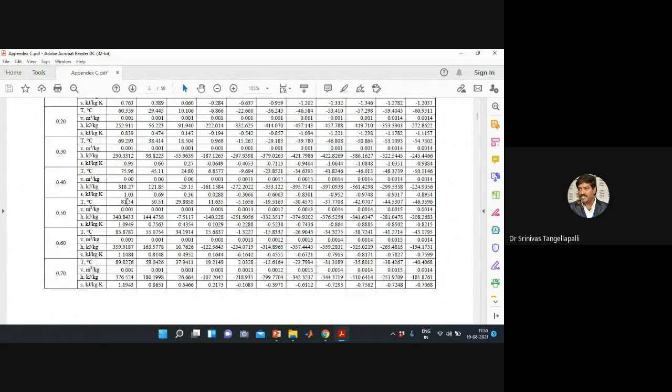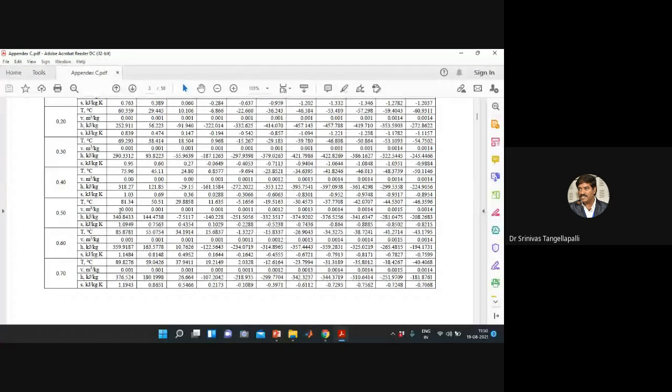This temperature is changing from X equal to 0 to X equal to 1: 0, 0.1, 0.2, 0.3, 0.4, 0.5, 0.6, 0.7, 0.8, 0.9, and the last is X equal to 1. That is variable temperature. See, the temperature is changing. And what about the next one? The next row is specific volume, specific enthalpy, specific entropy. Okay, fine. This you can take directly from the tables.